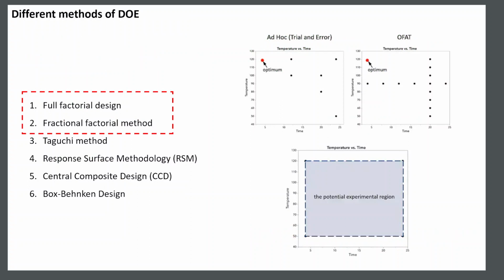With the disadvantages of trial and error, where the optimum range might be missed, we are moving on to the design of experiment. In design of experiment, we establish a window of potential experimental region. You can see here, this is the experimental region, the shaded region.